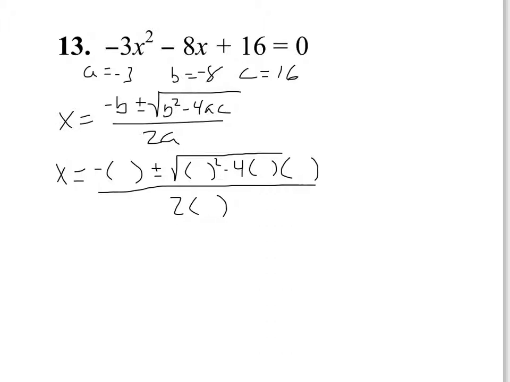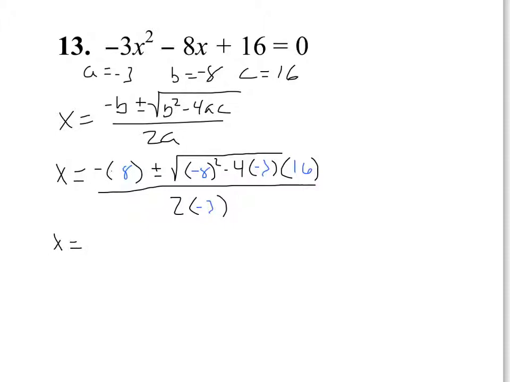Okay, so plugging in for B. We have -8 there, -8 there. Plugging in for A, we have -3 there, -3 there. And plugging in for C, we get 16 there. Okay, now we start simplifying stuff down.